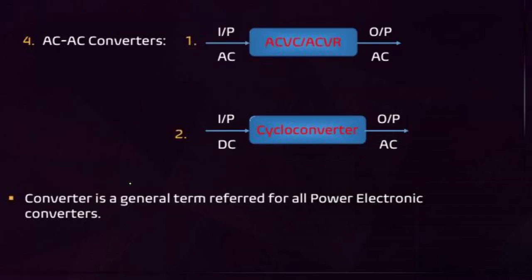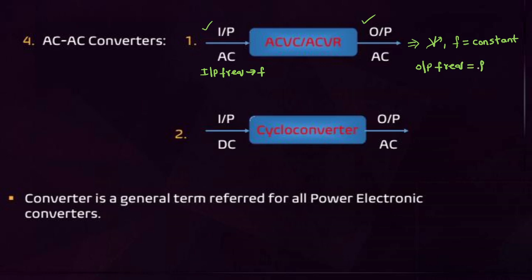One more converter: input AC, output is also AC with variable voltage. That is, voltage is variable, frequency constant. Important. Frequency constant in the sense: input frequency is F, then output frequency is also F. There is no change in frequency.